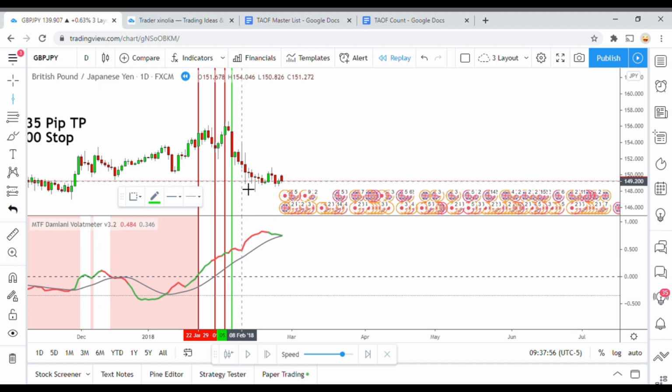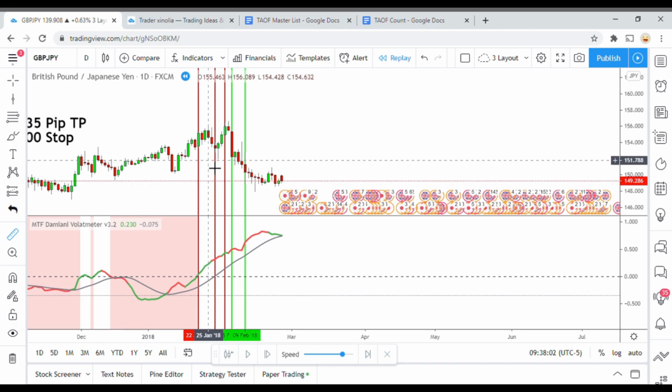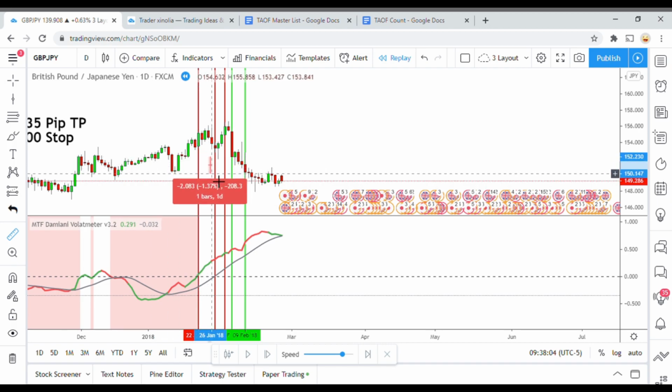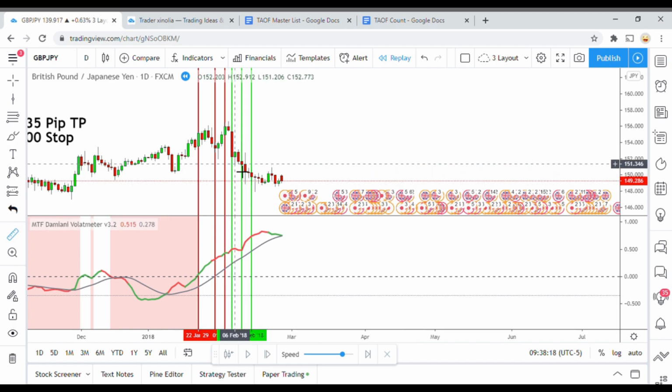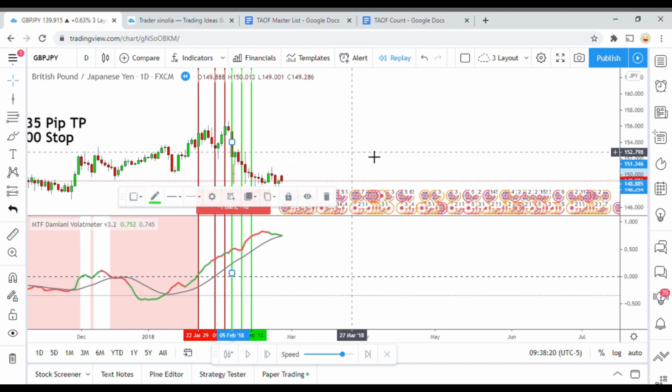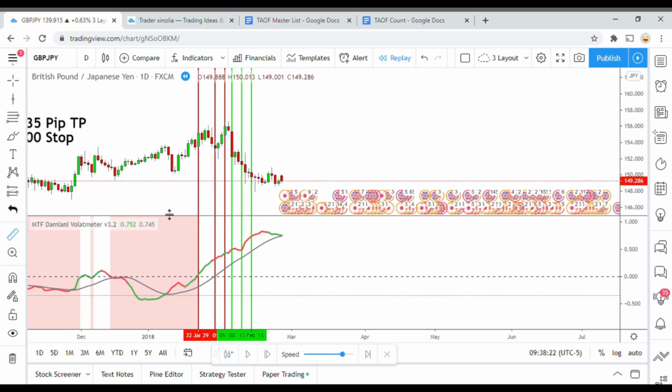And one thing we will also do is measure these out real fast.